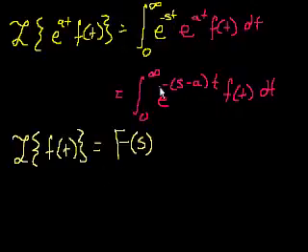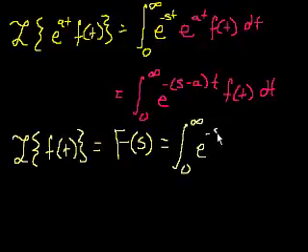So the Laplace transform is equal to the integral from 0 to infinity of e to the minus st f of t dt. The Laplace transform of just f of t is equal to this, which is some function of s.